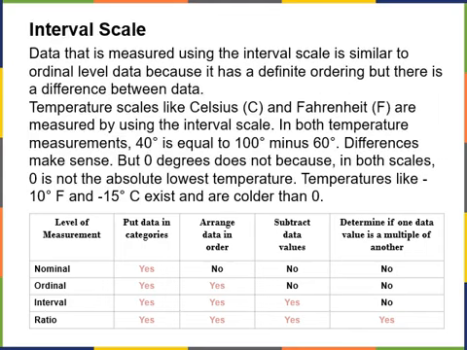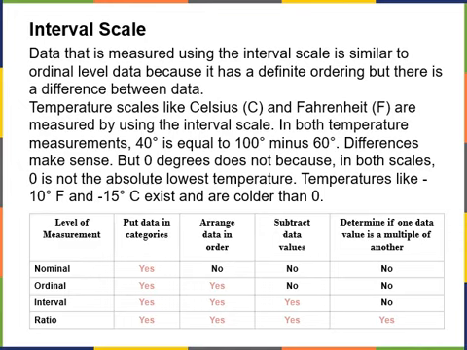Interval scale is data that is measured, similar to ordinal level, because it has a definite ordering, but there's also a meaningful difference between the data. For example, temperature scales like Celsius and Fahrenheit are the easiest things to think of where we use the interval scale. In both temperature measurements, 40 degrees is equal to 100 minus 60. The differences make sense.